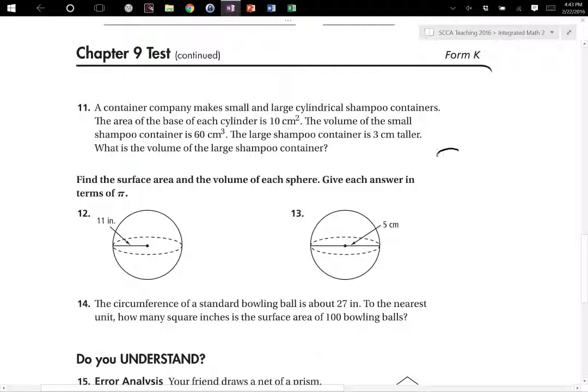So I really do think drawing a picture helps. So here is my small container, and here is my larger container.